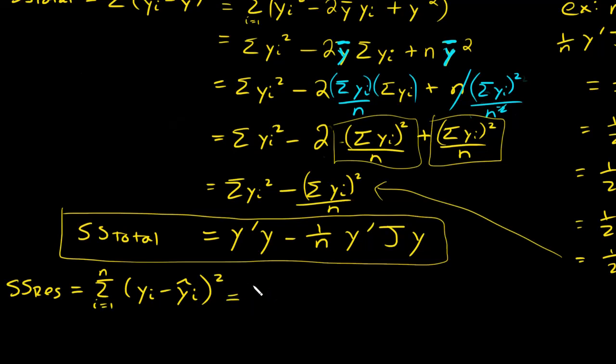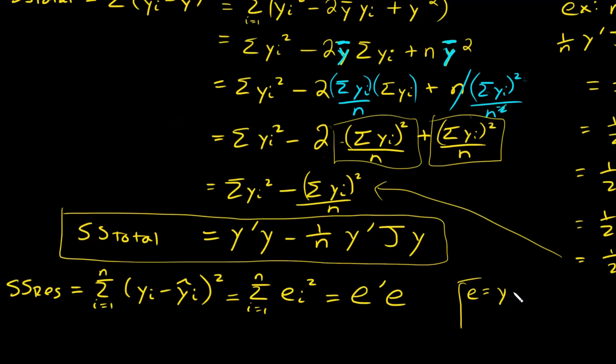We know these are the residuals squared, and right away I can write this using matrix notation as E transpose E, where E is an n by 1 vector of all of my residuals. Let me do a sidebar here: E is just a vector of all of my residuals.